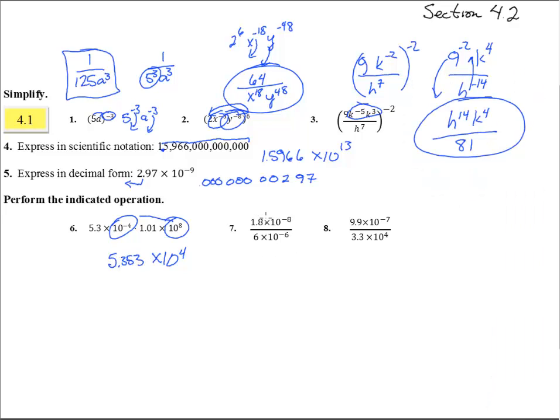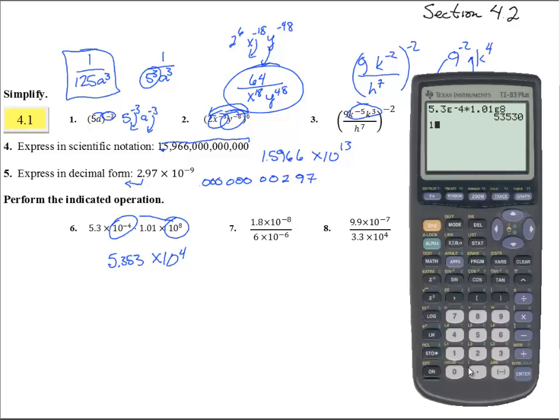Okay, number 7. 1.8 times 10 to the negative 8 divided by 6 times 10 to the negative 6. We get 0.003.